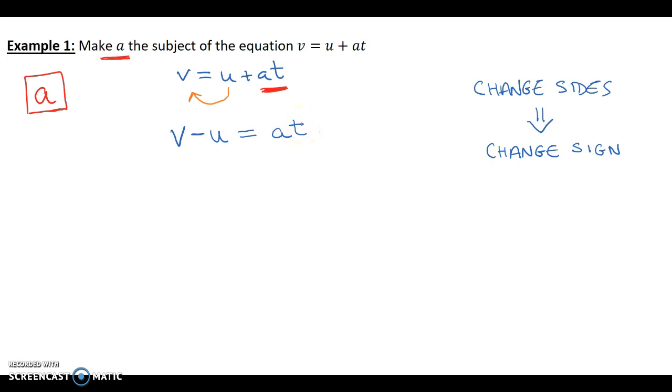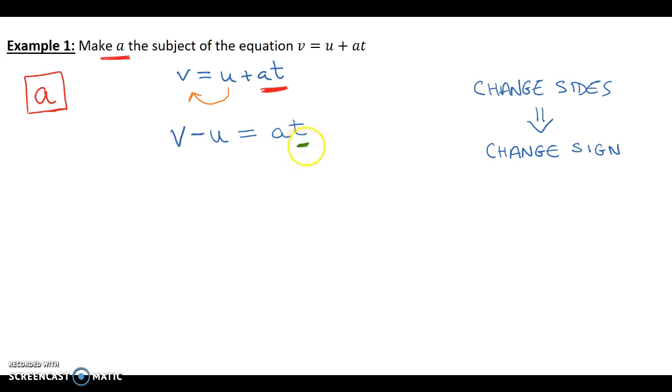And this is a little bit of progress because now the piece that has the a in it is on its own. Okay? And there's only one step to do. If you refer back to the notes, the next step was to divide by whatever is attached to your variable. Now your variable here, remember again, is the a, and the bit that's attached to it is this t.